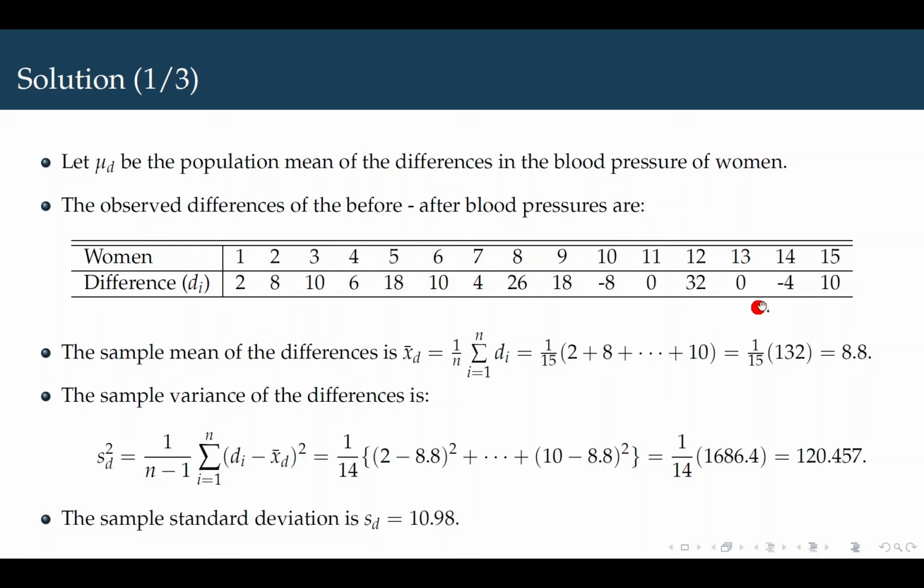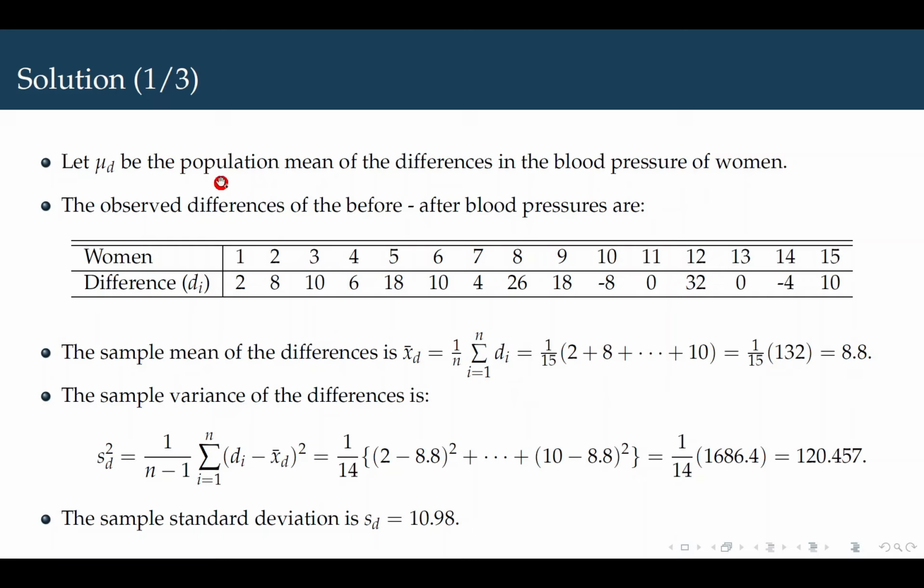Then once we obtain these differences, we can obtain the summary statistics. The sample size here is 15, and the sample mean of the differences is nothing but 1 over n times the sum of the differences, which becomes on average 8.8, which is positive. That means here the pill has a decreasing effect. But this decreasing effect is for the sample data. Our interest is for the population.